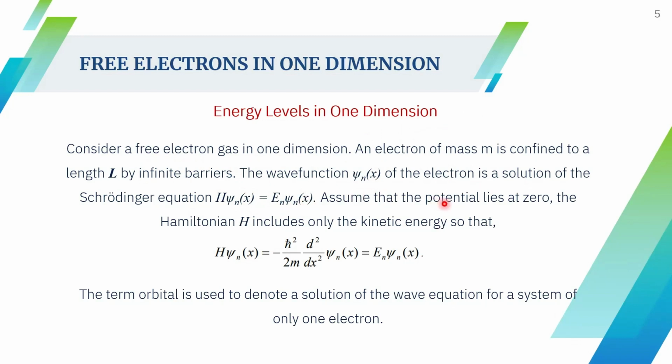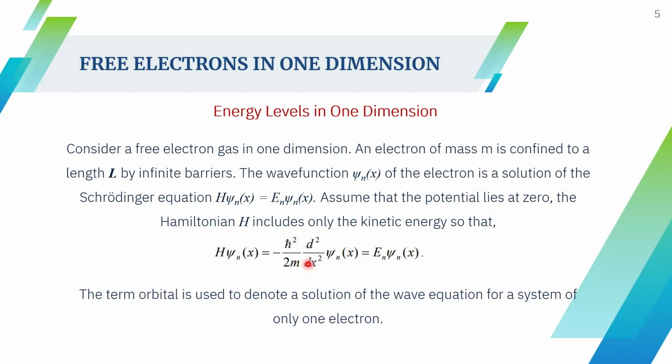We are assuming the potential lies at zero, so that the Hamiltonian H includes only the kinetic energy. So the equation becomes Hψn(x) = −(ħ²/2m) d²/dx² ψn(x), which will be equal to Enψn(x).